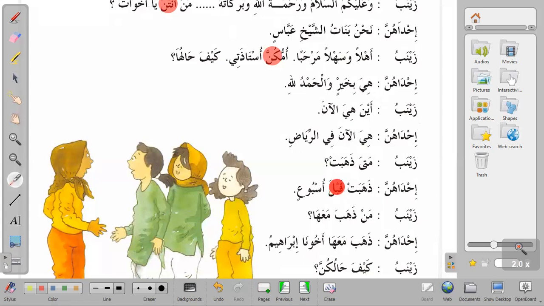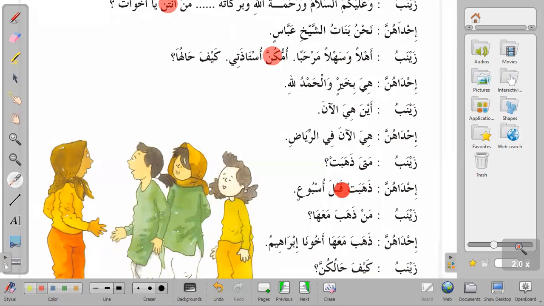So qabla actually means before. But when it is used with a zarf makan, is zarf zaman. Okay, this is zarf zaman. Are we clear? Usbu' is a zarf zaman, adverb of time. The whole thing, qabla usbu'in, this one we call, what's the name?